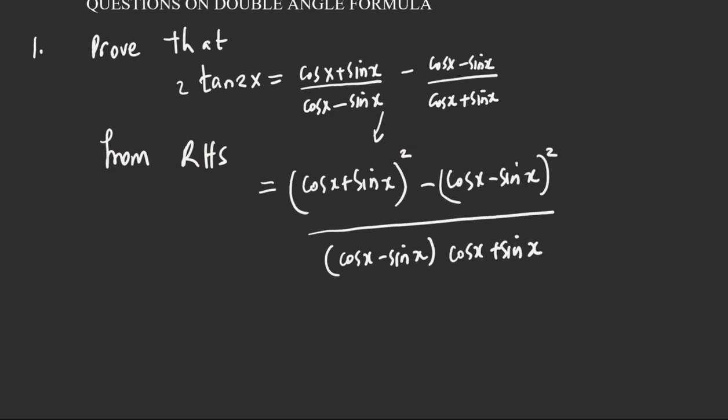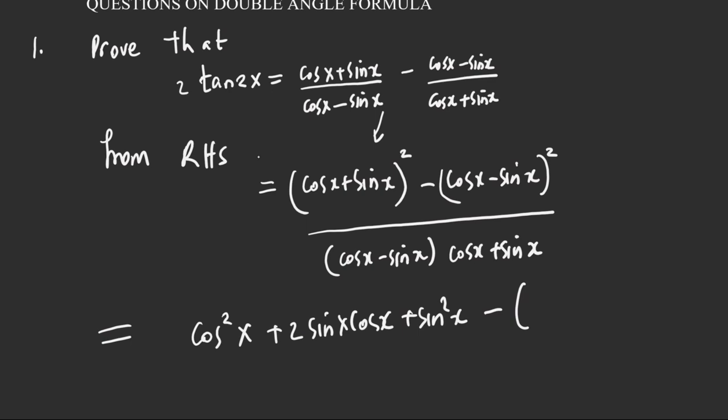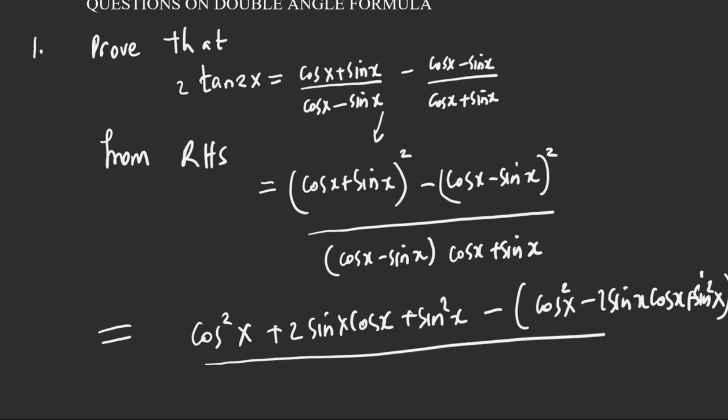So with this expression, we are going to expand, and expanding will be getting cos squared x plus 2 sine x cosine x plus sine squared x minus, you have cos squared x minus 2 sine x cosine x plus sine squared x, divided by difference of two squares.